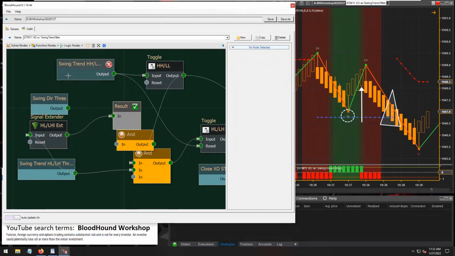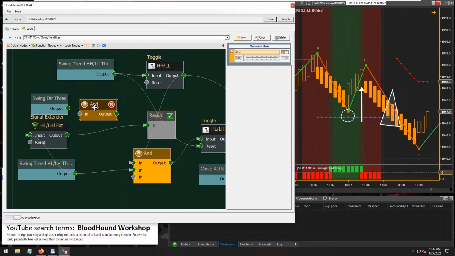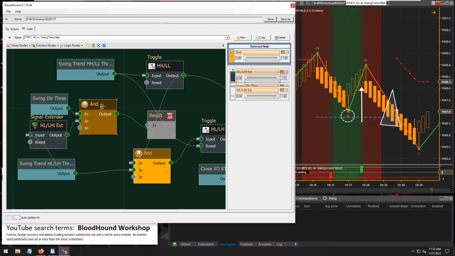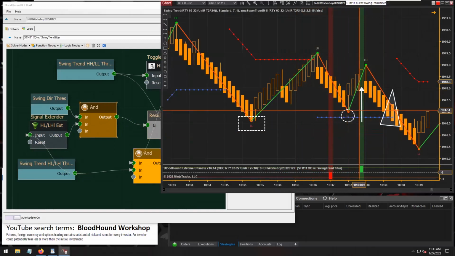Now I need an AND node. And so when both of these are long together, there we go. There is our long signal telling us that that higher low was now locked in.